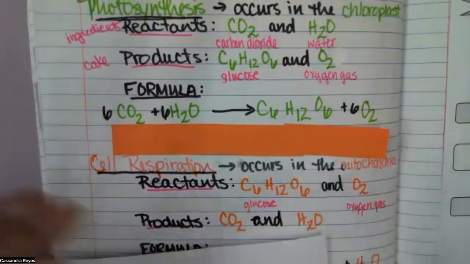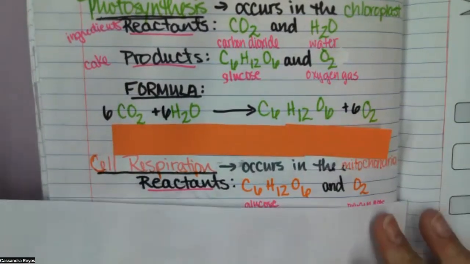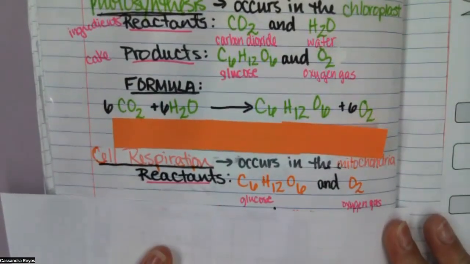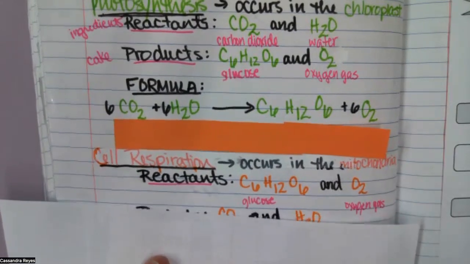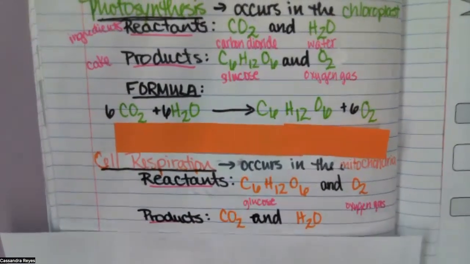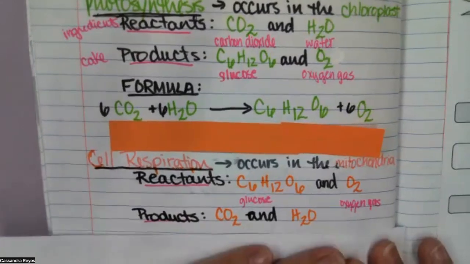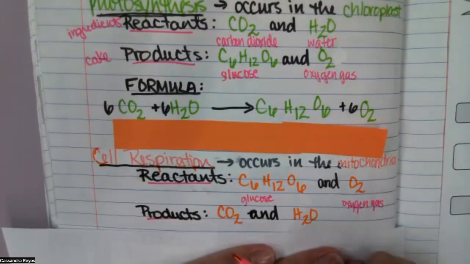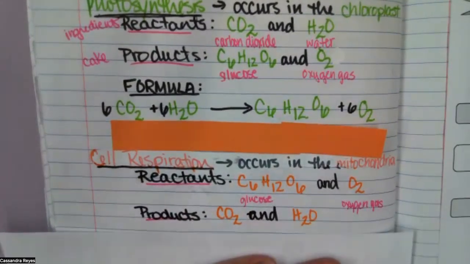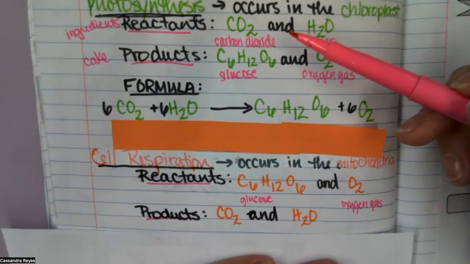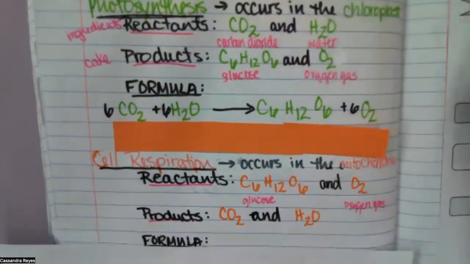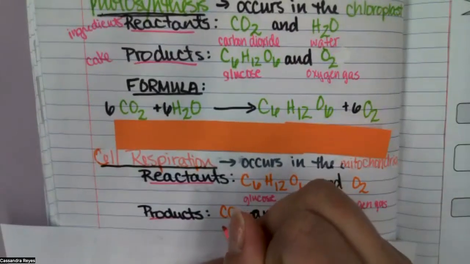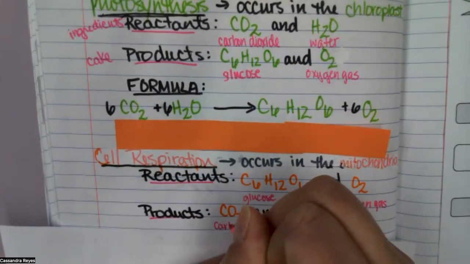And of course, we have to talk about our products of cellular respiration. We're looking for energy, the cake. We want to eat it, and we want to have it too. So here is CO2, carbon dioxide, right?